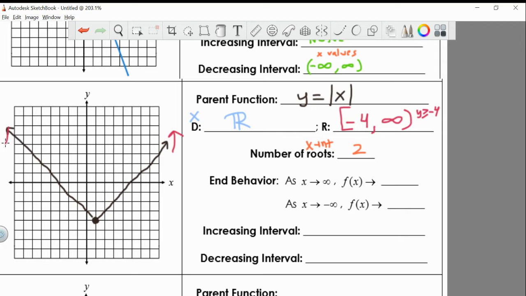Well, that means it should be infinity, infinity. Because as x is going towards infinity, remember that's like the right end behavior, on the right side of our graph, y is going towards infinity. On the left side of our graph, y is going towards also infinity.